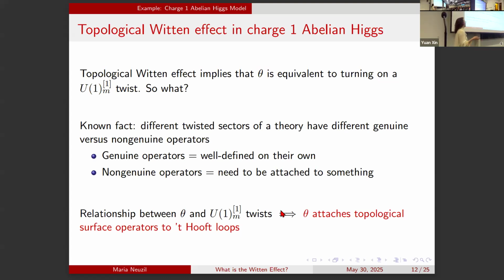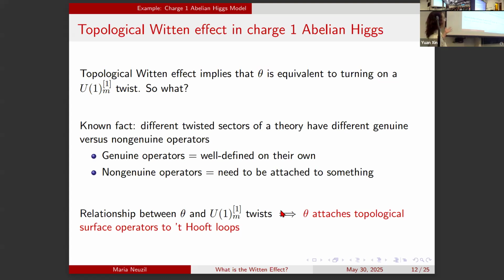Whereas a non-genuine operator needs to be attached to something topological in order to be well-defined. So this just depends on the dimensions involved, but it could be a point operator getting attached to a topological line. It could be a line operator getting attached to a topological surface, just depends on the example in question.